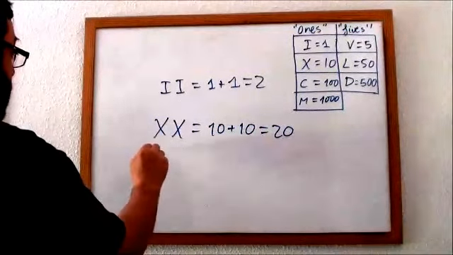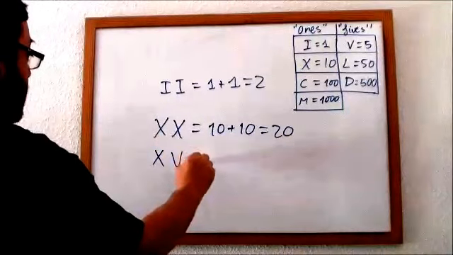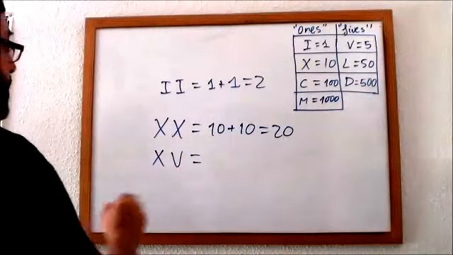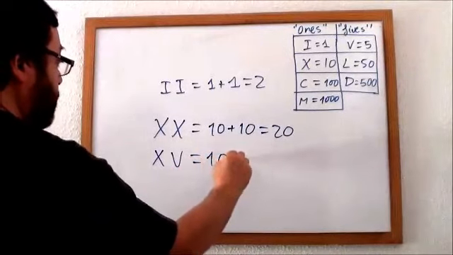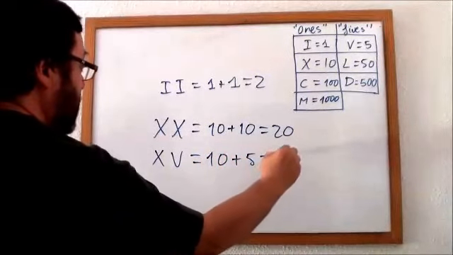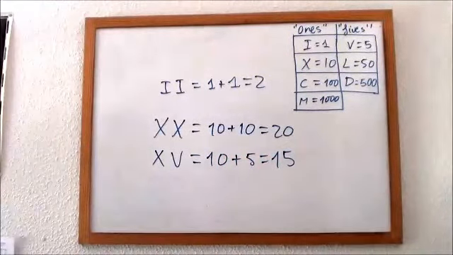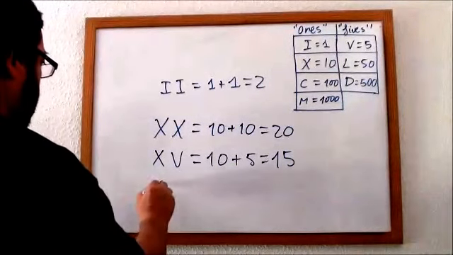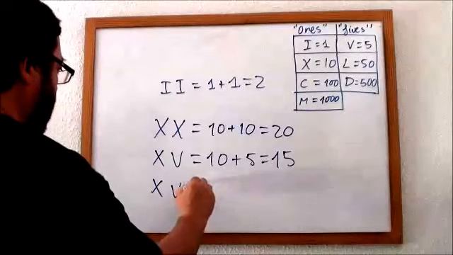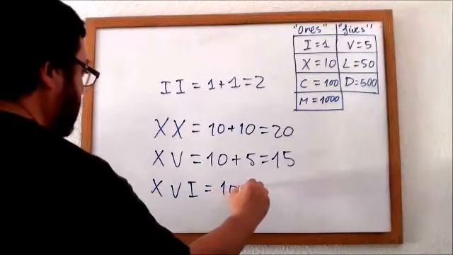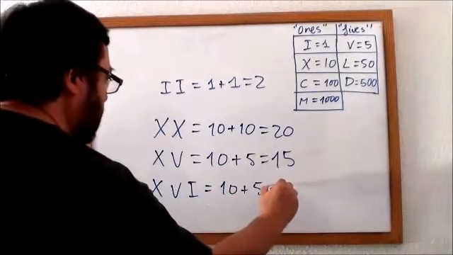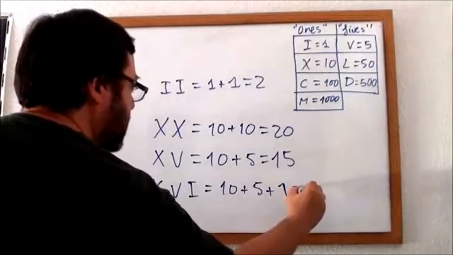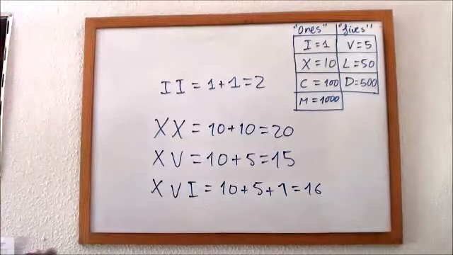Or we can combine different letters. X V, that is 10 plus 5, which is 15. Or X V I, that is 10 plus 5 plus 1, which is 16.